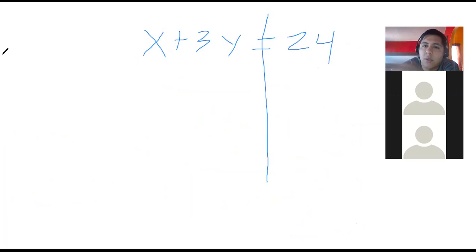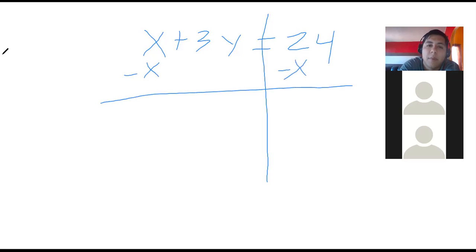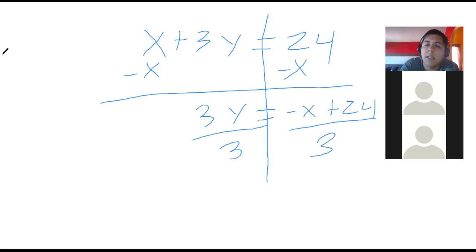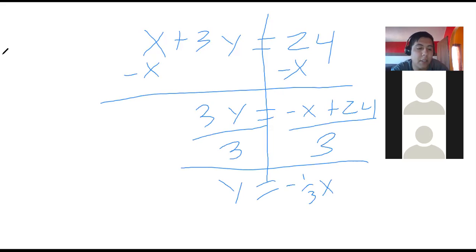We wanted to change it into slope-intercept form. So let's subtract x on both sides. So this is -x plus 24. And we're going to divide both sides by 3. So y is equal to, we can just write this as -1/3x, and then 24 divided by 3, which is 8. So +8.